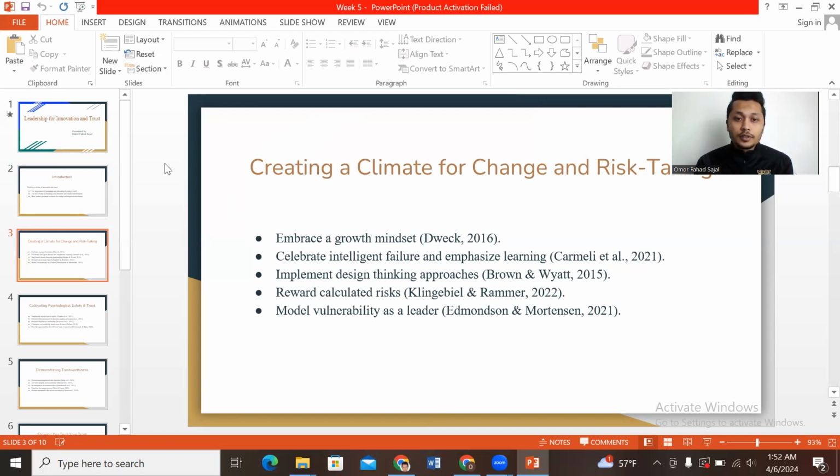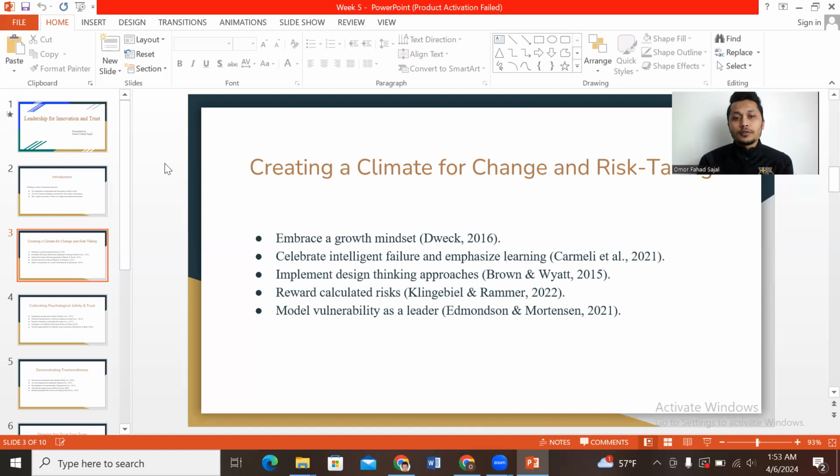They should celebrate intelligent failure and emphasize learning. Celebrate the lessons learned from intelligent failure, not the failures themselves. Then use design thinking methods that involve brainstorming, prototyping, and refinement. Then reward calculated risk, like recognize those who take calculated risks, even if they do not always turn out perfectly.